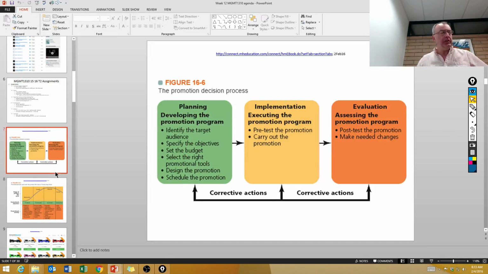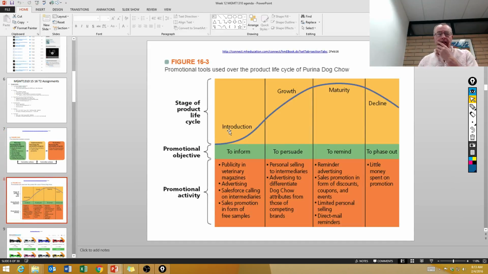When companies advertise their products or services, they have some objective that they're trying to achieve. We were introduced to the concept of the product life cycle a number of chapters back. There's an introductory stage of a product in the market, so it's a new product.